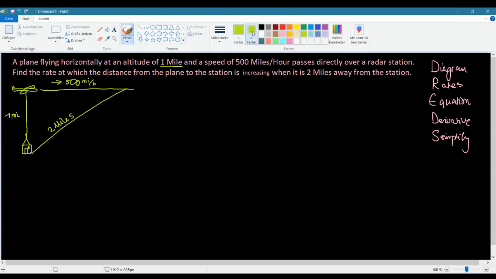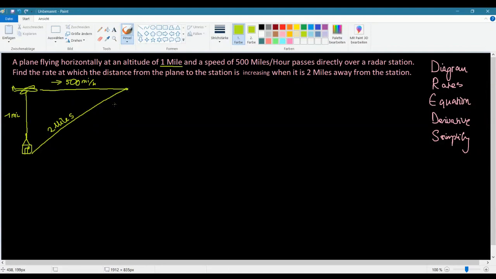Let me just fix this. It's aesthetically annoying me. Okay. When the plane is here, right here, at what rate does this distance increase when the plane is here, right?